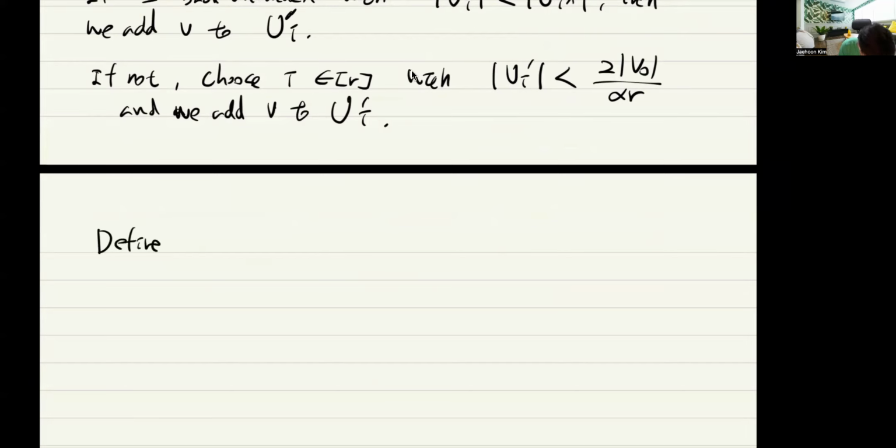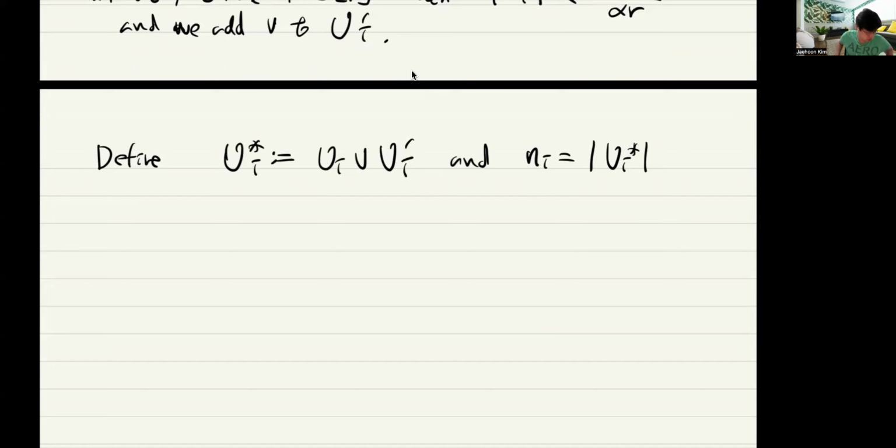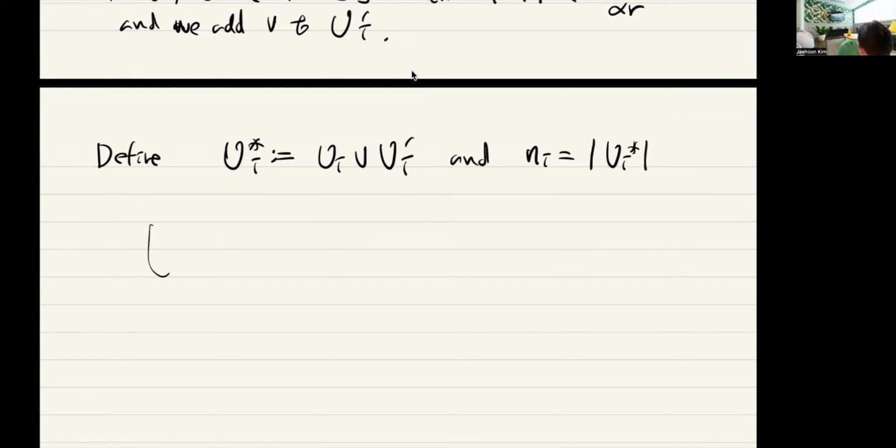And now we define our U star i as U_i union with U'_i. And let's say N_i is the size of this U_i star. Okay, then what do we know? Initially we have this U_i and U_i star. They were, say, 6 epsilon, d plus superregular.